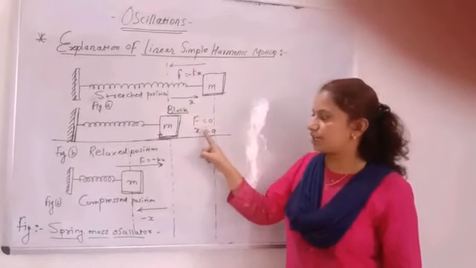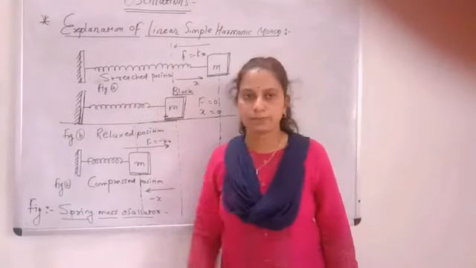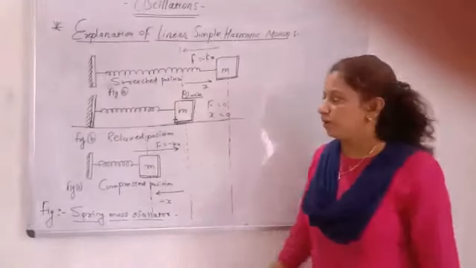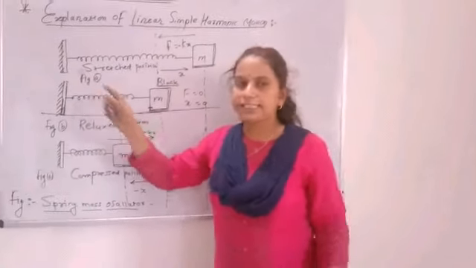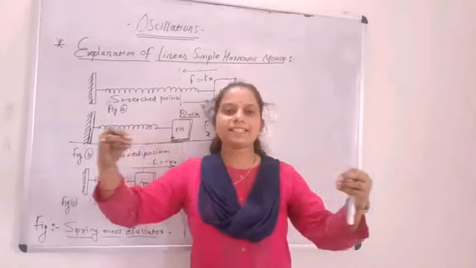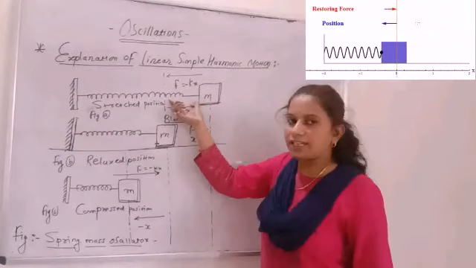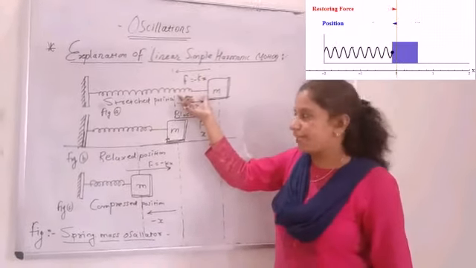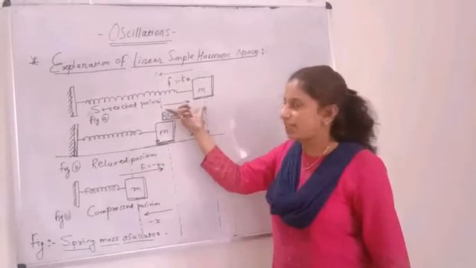Also, displacement x is 0. This is the explanation of figure B. Now, in figure A, the spring is stretched. If the spring is stretched, then the length of the spring increases, meaning displacement takes place.